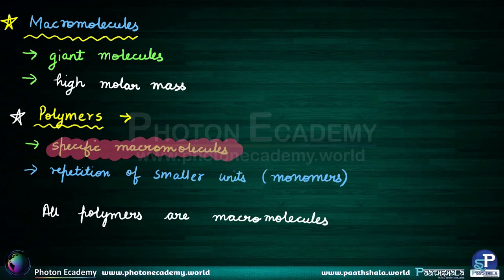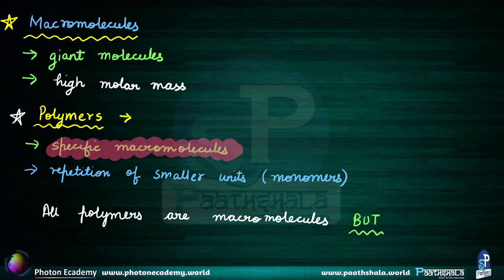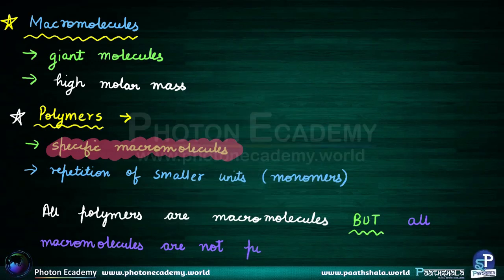But it is important to remember that all macromolecules are not polymers, because polymers are very specific macromolecules formed by repetition of a single unit again and again.